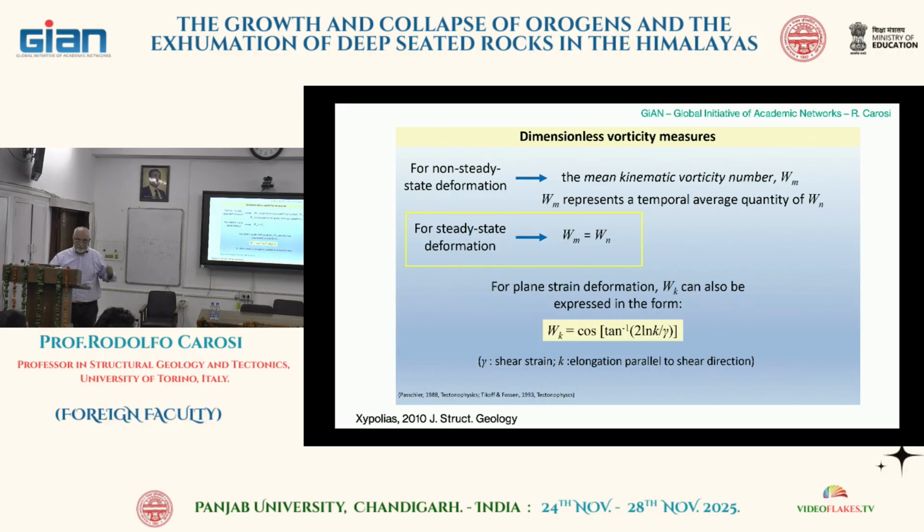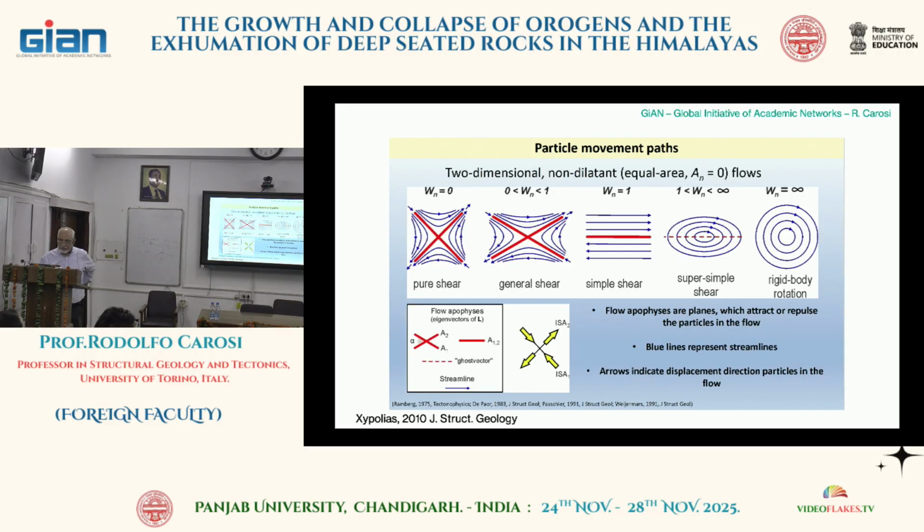Okay, so monoclinic flow, steady state deformation, and plane strain, no deformation along the intermediate axis of deformation. Let's just be correct. Just a look at the vorticity: pure shear, vorticity equal to 0.